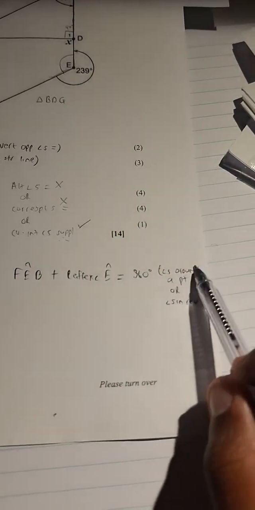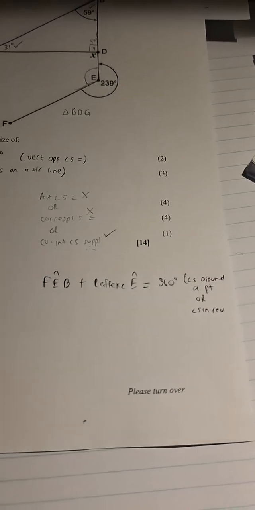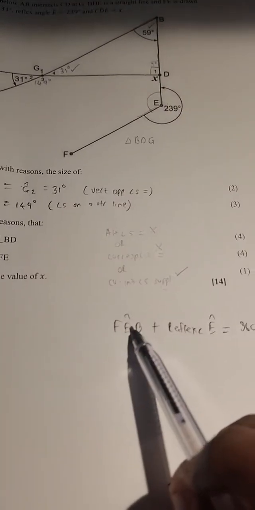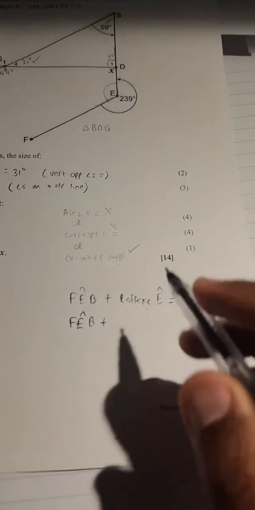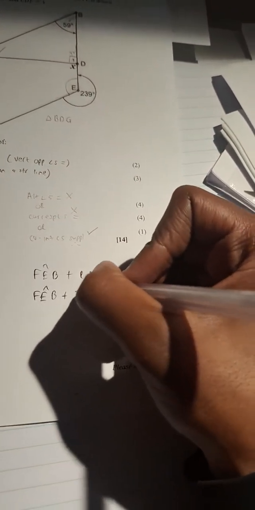What's the reason? Angles around a point. Or sometimes you can use angles in a revolution. Those are the 2 acceptable reasons. Now, what's angle FEB? This is what I want to find. What's the reflex angle E? It is 239 degrees.